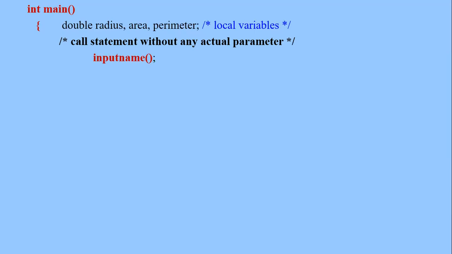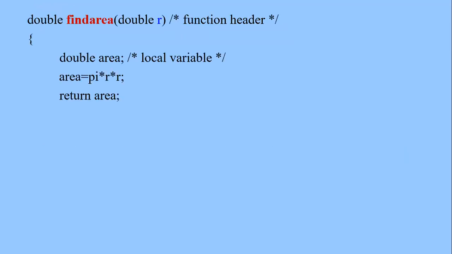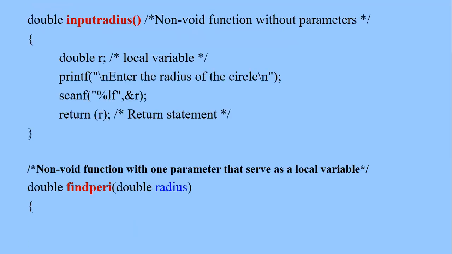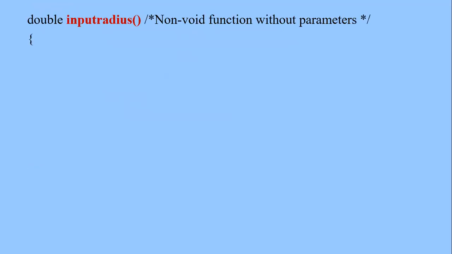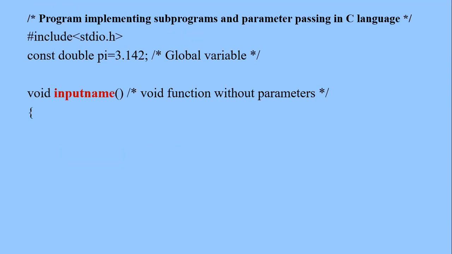Once this function is invoked, the processor will go directly to where the input name function is. So this is it. That call statement input name without any arguments will invoke the execution of this function here. This void function called input name.